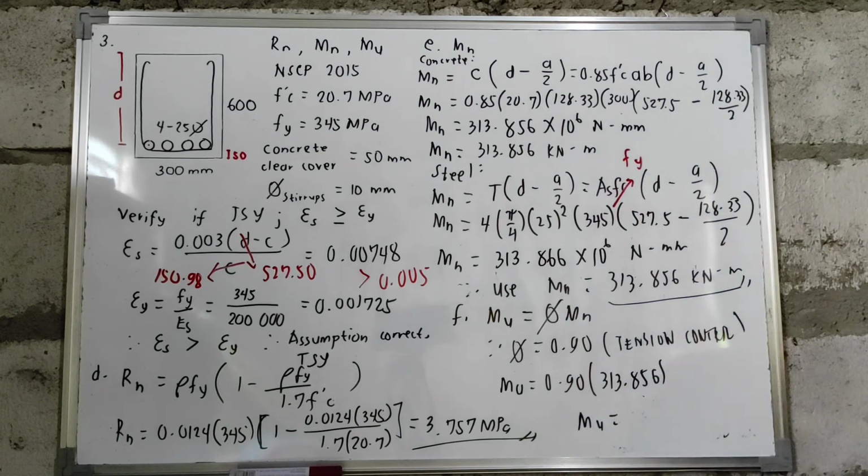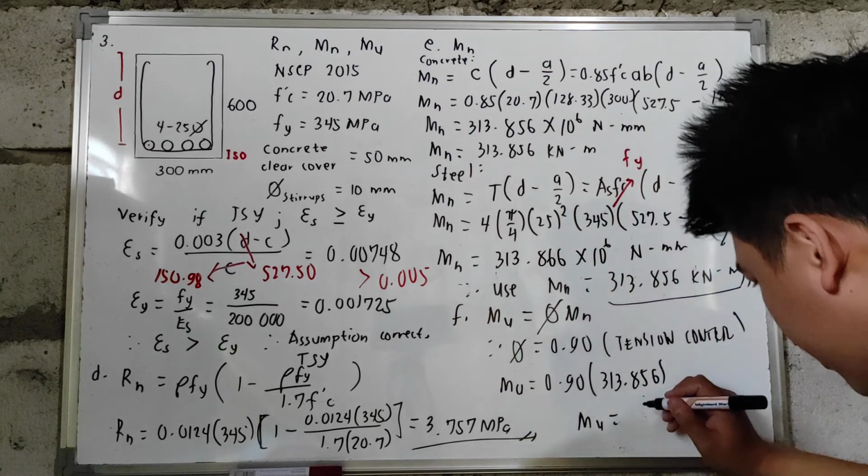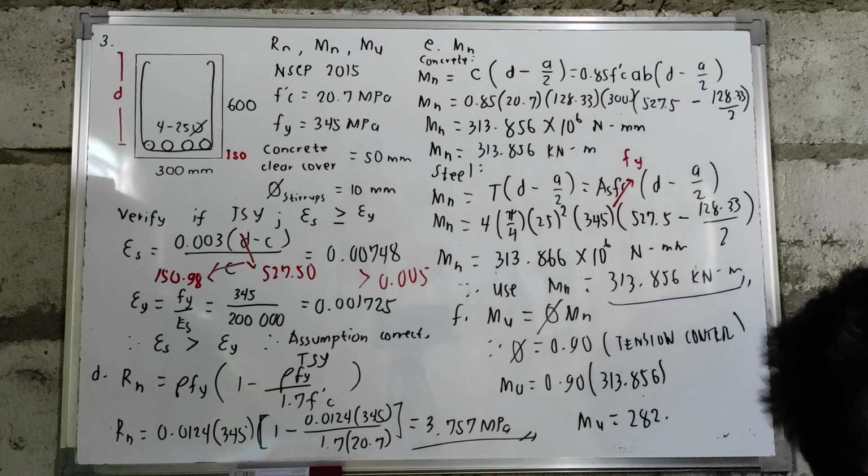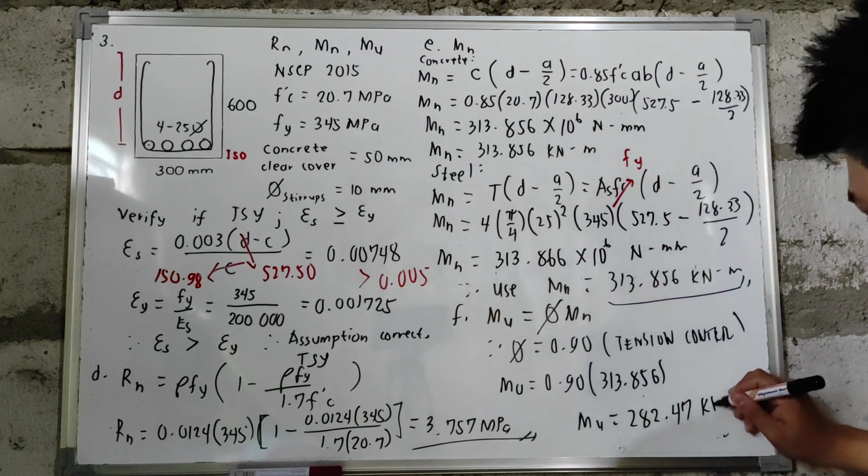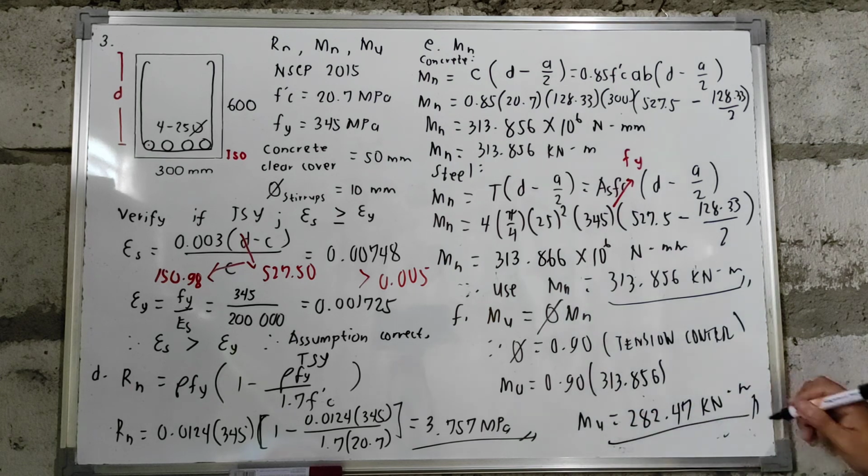So, MU is now equal to 282.47 kilonewton meter. So this will now become our value.